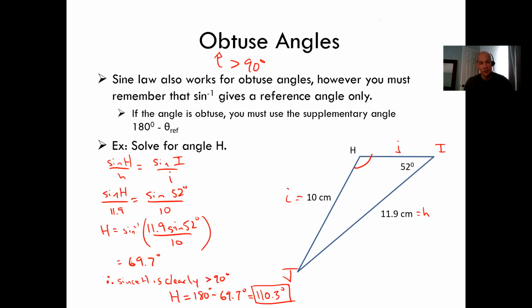So we wound up solving for sine, and we got 69.7, and then we said, well, no, that's not an acute angle. It has to be 110.3. So what we're going to do is look at the case where we might not actually know whether it's the reference angle or 180 minus the reference angle. We might have an unknown or ambiguous case.